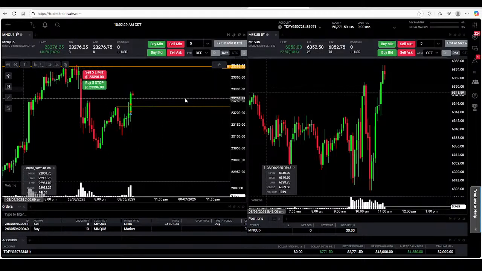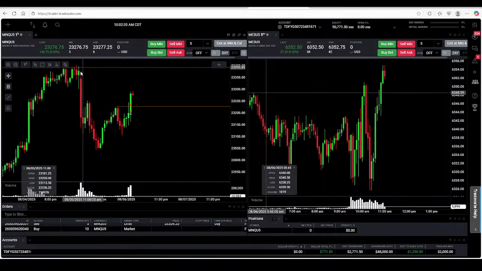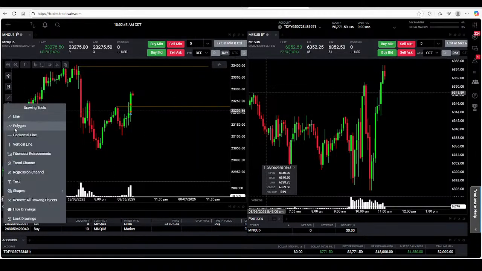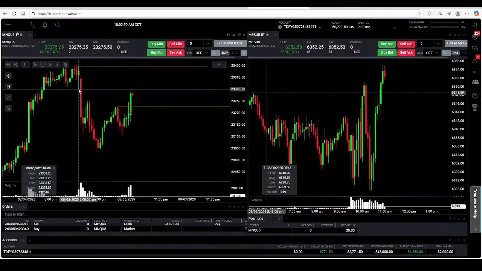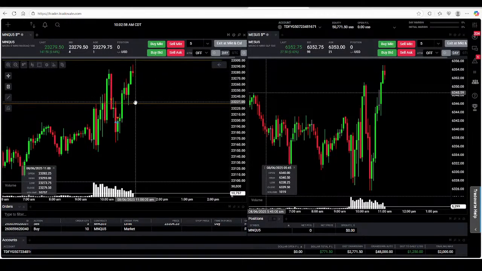See, small green basing candle, big move down in the opposite direction. Supply is created in this candle. We take the top wick, bottom wick. That gives us the top and bottom of the zone. There we go. Can go ahead and delete that now.